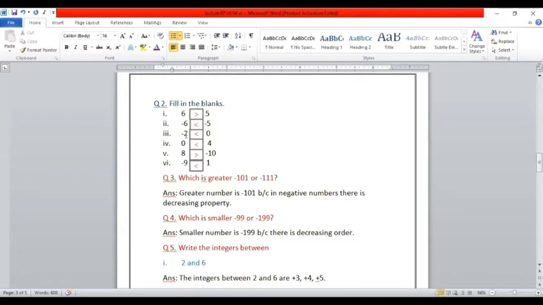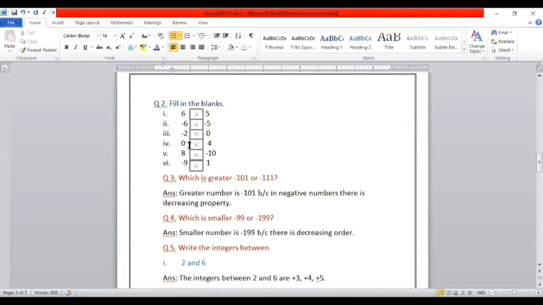Dear students, -2 and 0. -2 is less than 0 because 0 is greater than -2. Negative numbers are always smaller than the positive.